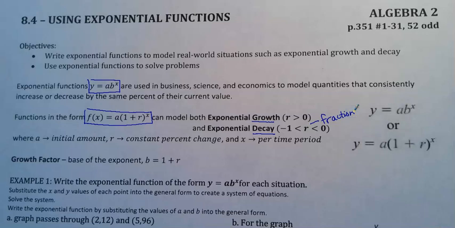We can have y equals a times b to the power of x, or y equals a times the quantity 1 plus r to the power of x. Any of those things.